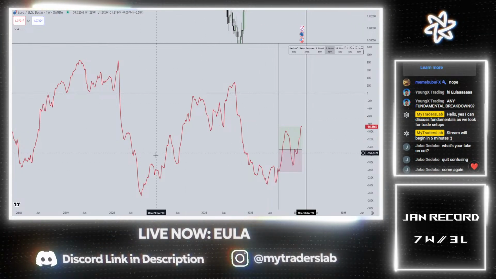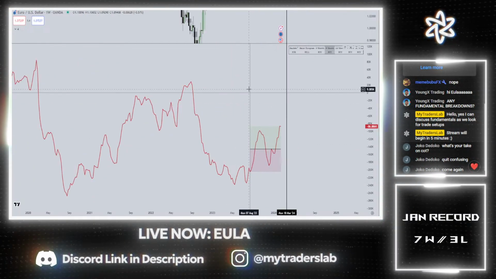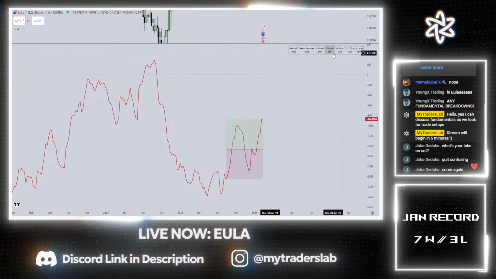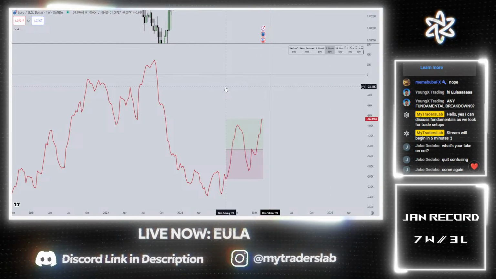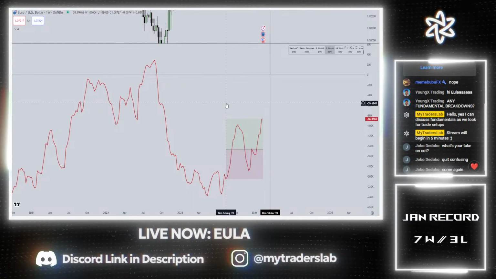Factor number 1 is that the red line, the net interest, has to be below the 0 line. The second factor is that you have to look back on the data 6 months ago and 1 year ago. So this line here demarcates the 6-month mark.